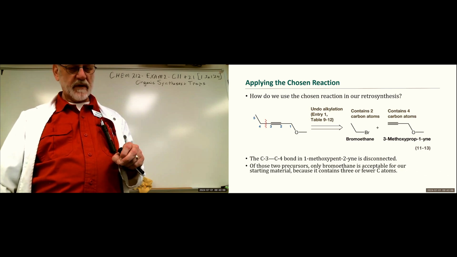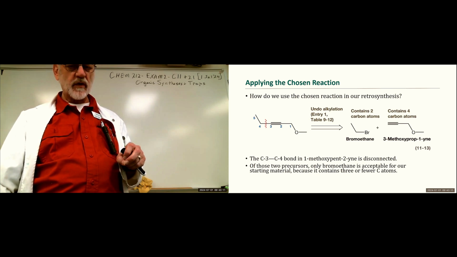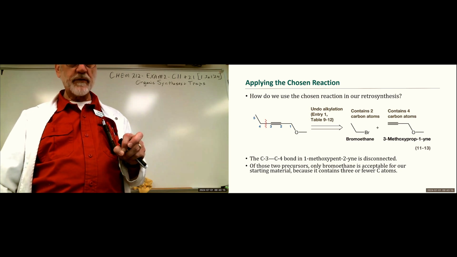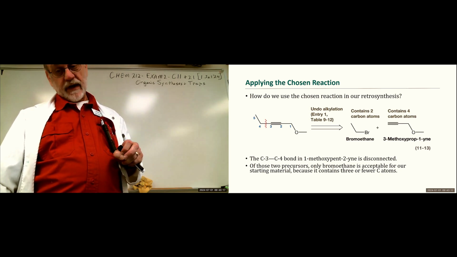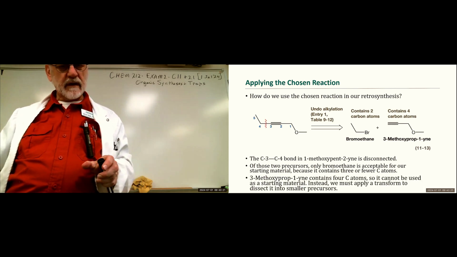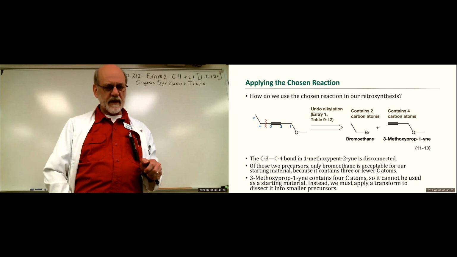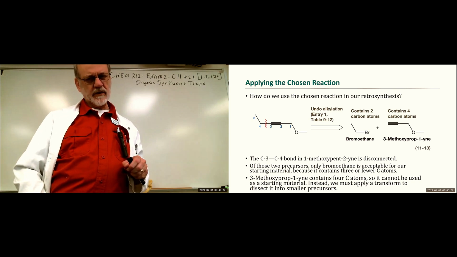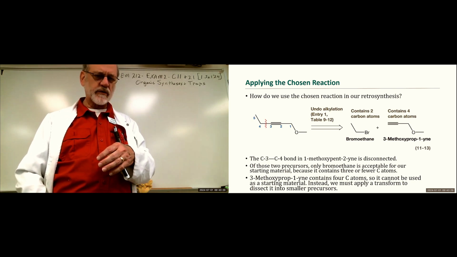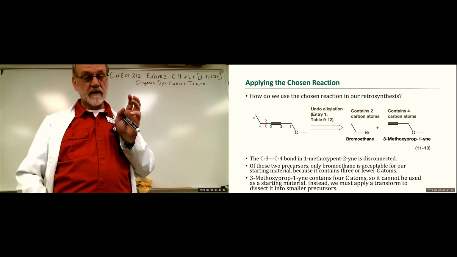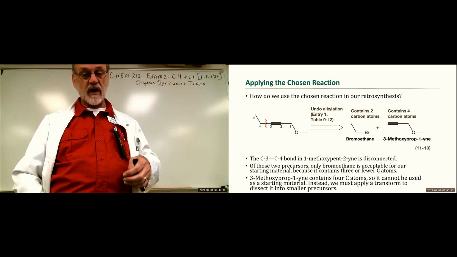Of those two precursors, only bromoethane is acceptable for our starting material because it contains 3 or fewer carbons. The 3-methoxyprop-1-yne, which is the other precursor, contains 4 carbons. So it's going to have to be synthesized also.